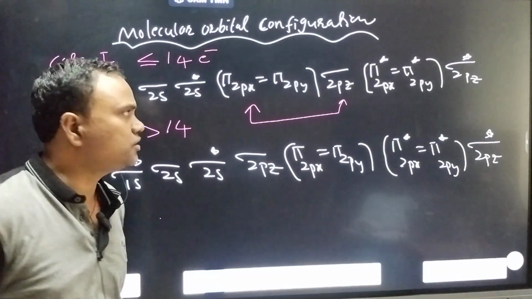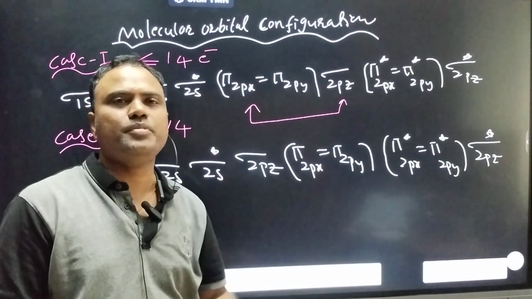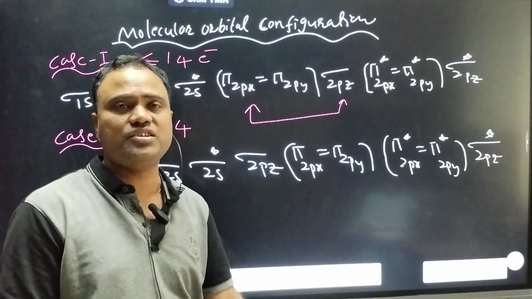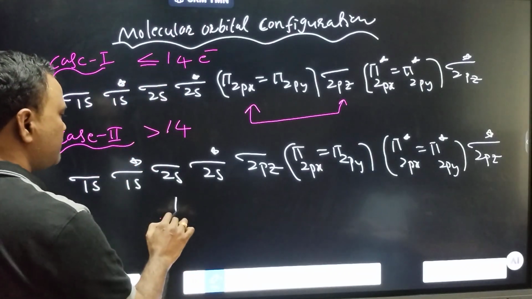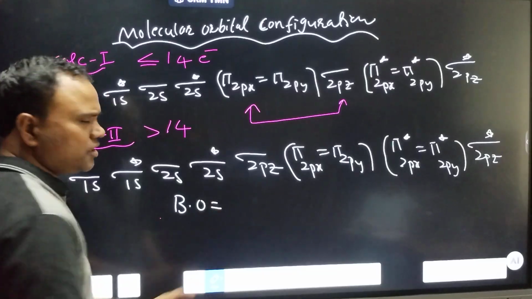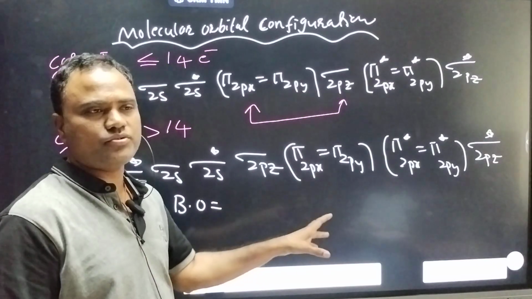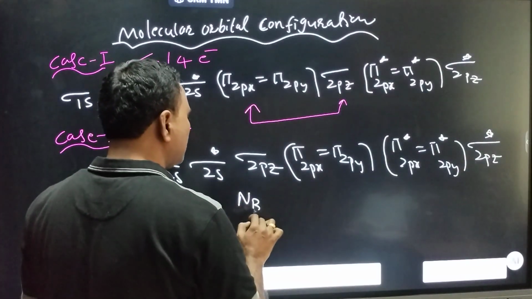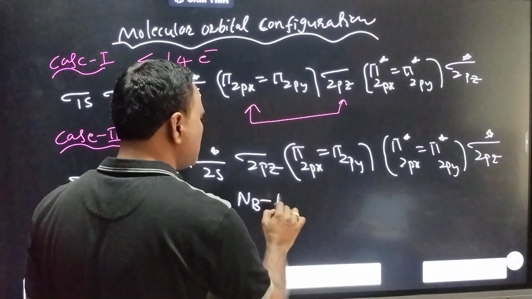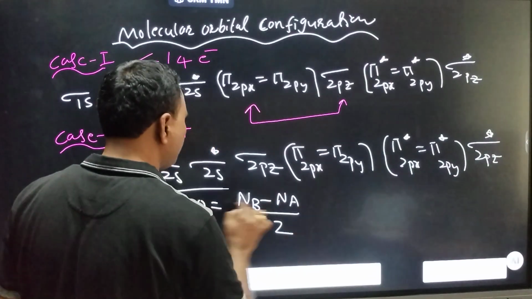Let us see how to predict the paramagnetic property, diamagnetic property, existence of the molecule. Before that, write bond order here. Bond order is equal to, actually we completed bond order, but the actual procedure: number of electrons in the bonding molecular orbital minus number of electrons in anti-bonding molecular orbital, divided by 2.